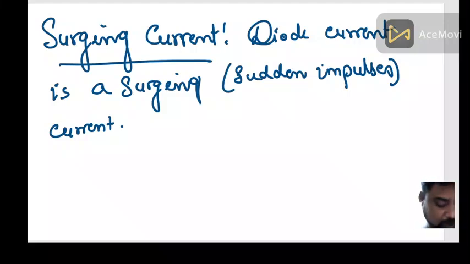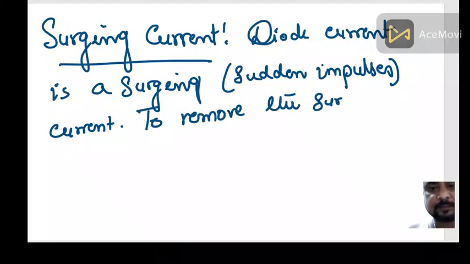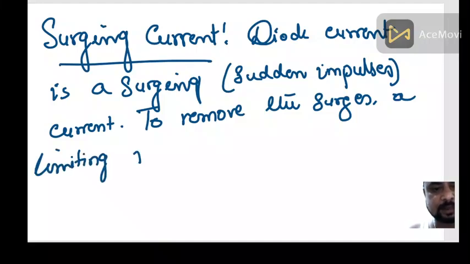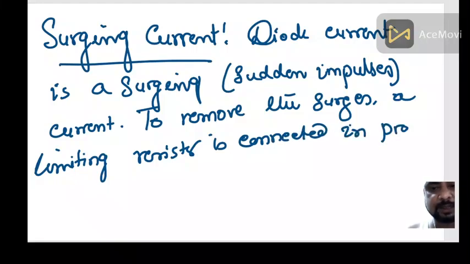Output voltage is always greater than the capacitor voltage, and this is the voltage that you get across the load. So to remove the surges, a limiting resistor is connected in the practical circuits.